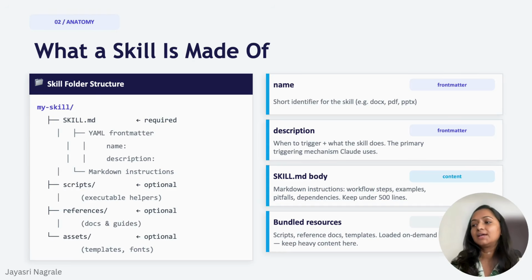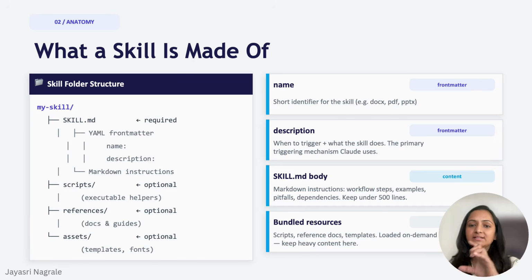And if there are some specific assets like the school logo or any fonts or any images, they can also add that in the assets folder in that particular skill folder itself. Please note that all the assets and all the scripts are not exactly attached to the skill.md file, but they sit outside of it.